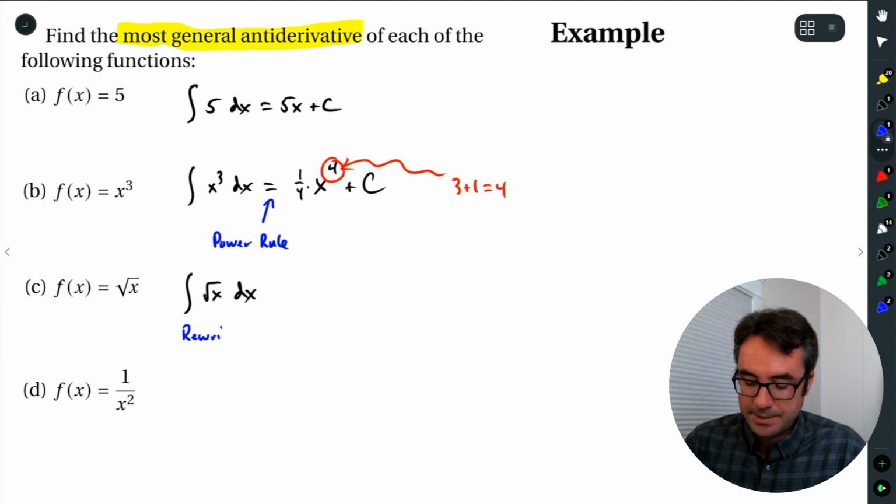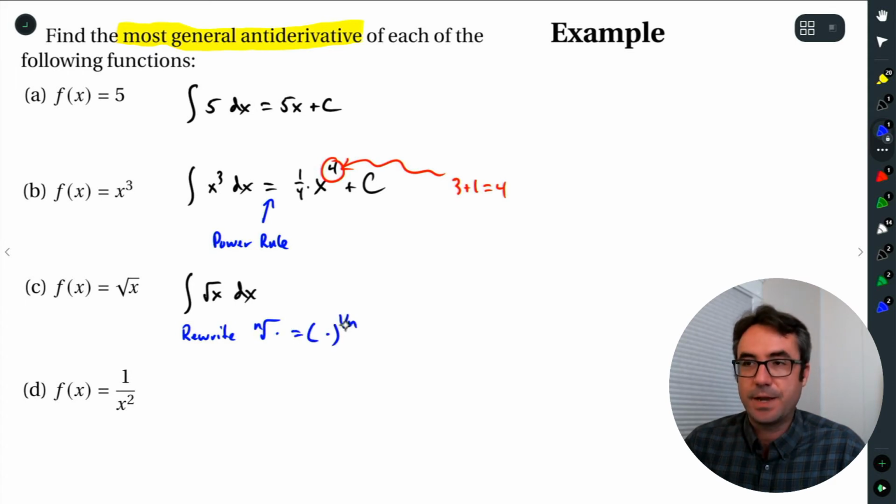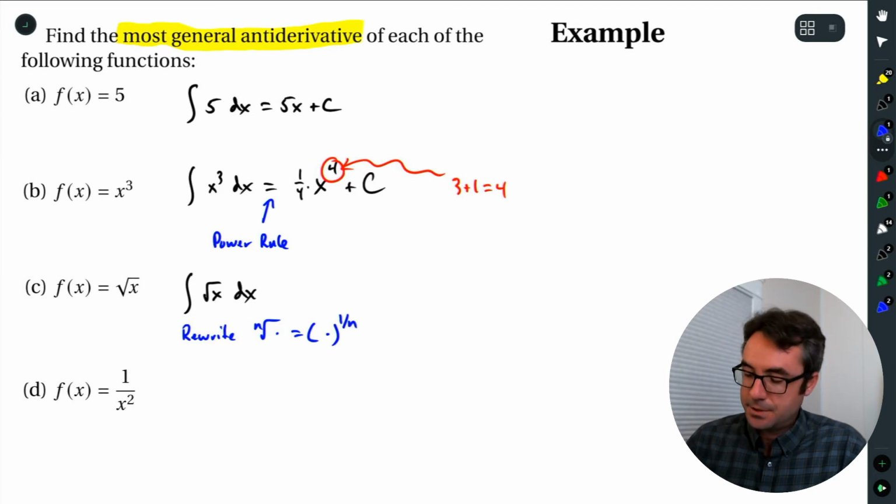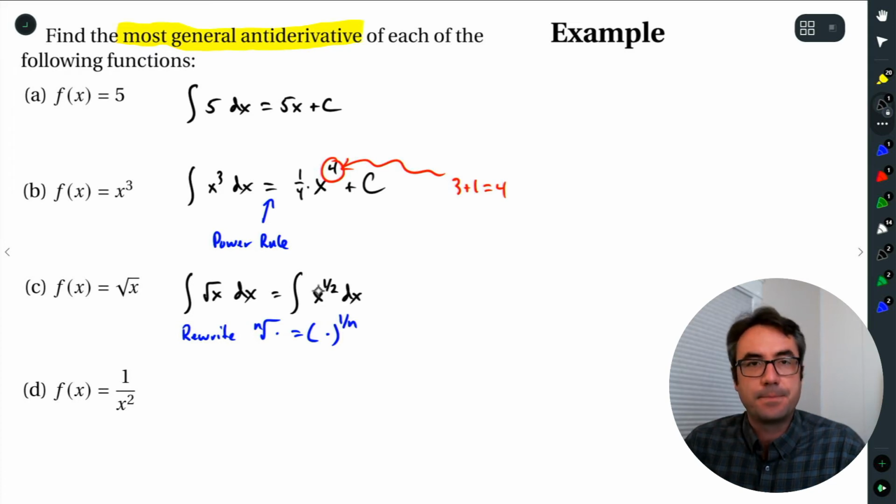We're going to rewrite anytime we have a root function. If we had the nth root of something, we would rewrite this as a power function raised to the power 1 over n. So for a square root, we rewrite that as x raised to the 1/2 power. So we're going to find the indefinite integral of x raised to the 1/2 power.